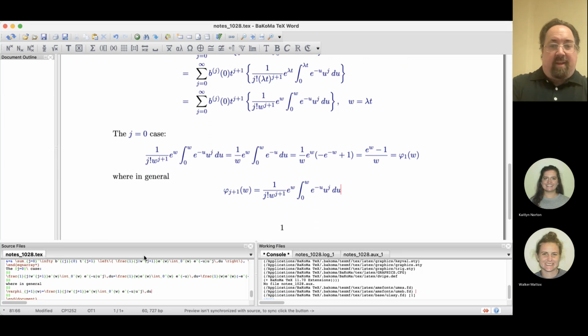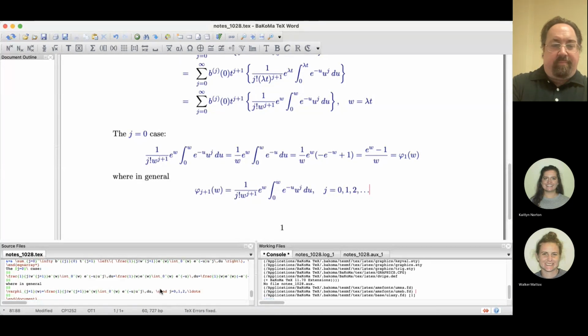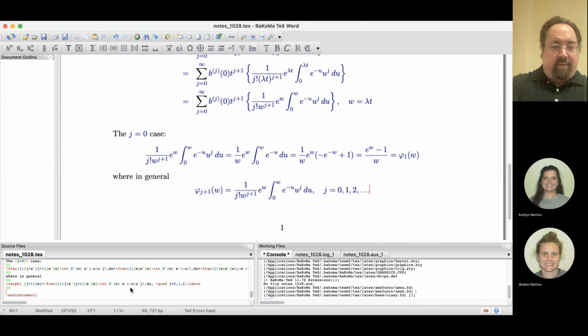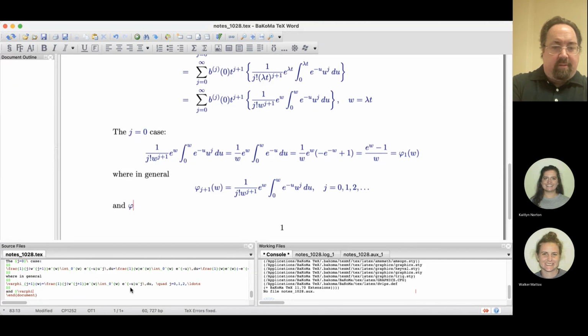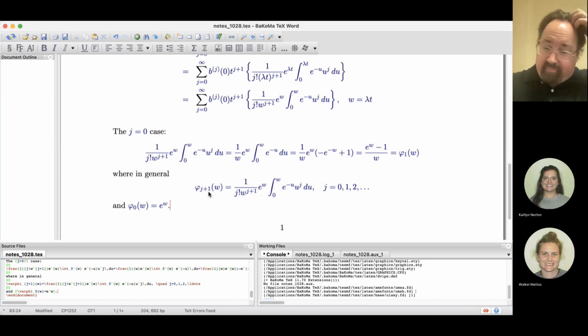Okay. And this is for 0, 1, 2, and so forth. So this will define phi1, phi2, phi3, etc. But I also have phi0, and that's just a plain old exponential. Okay.